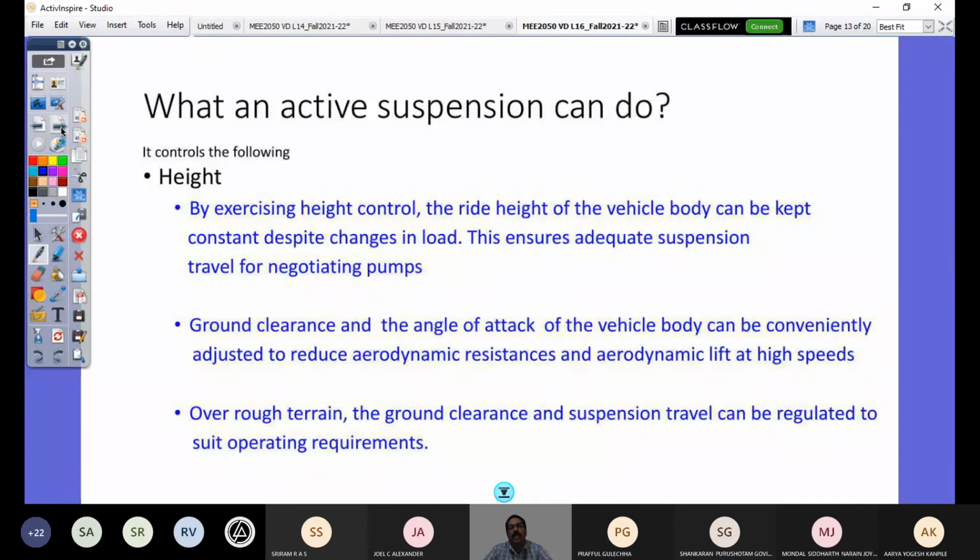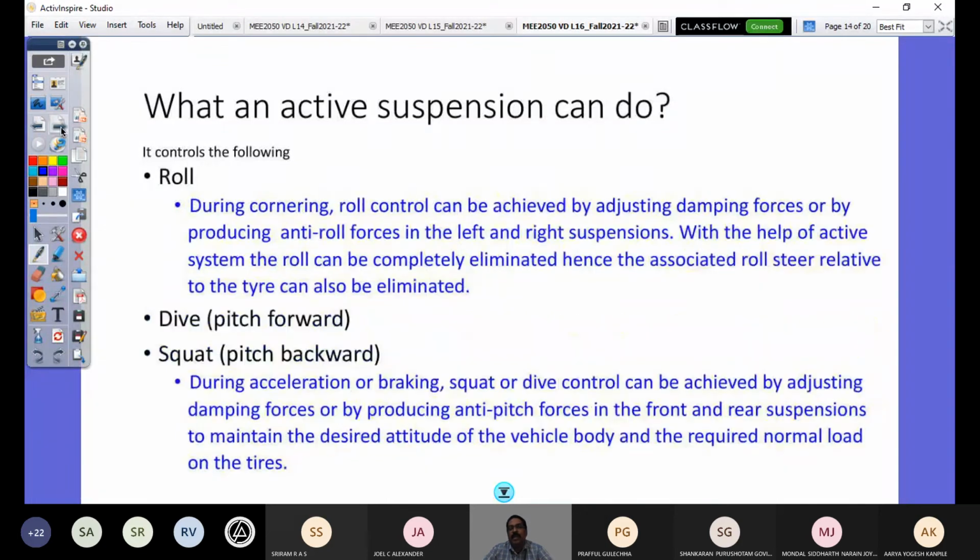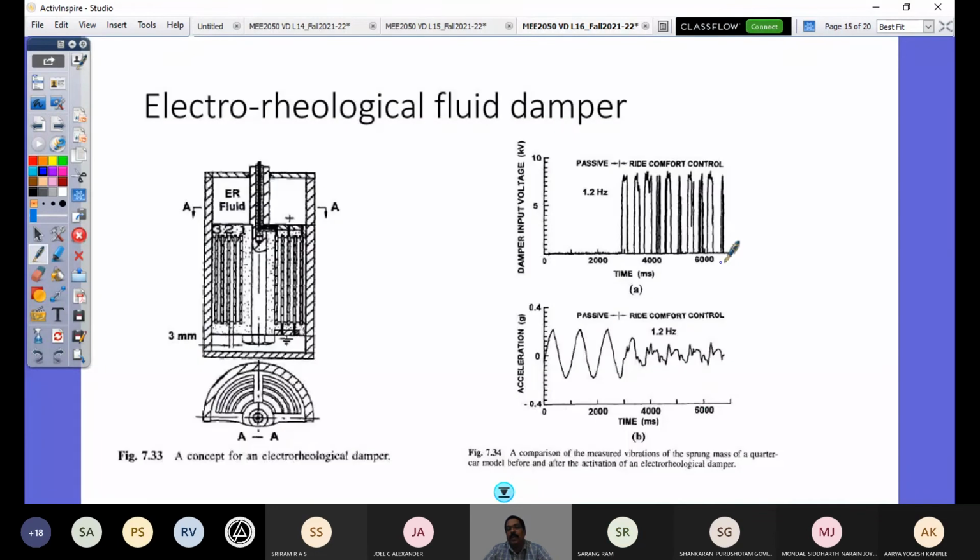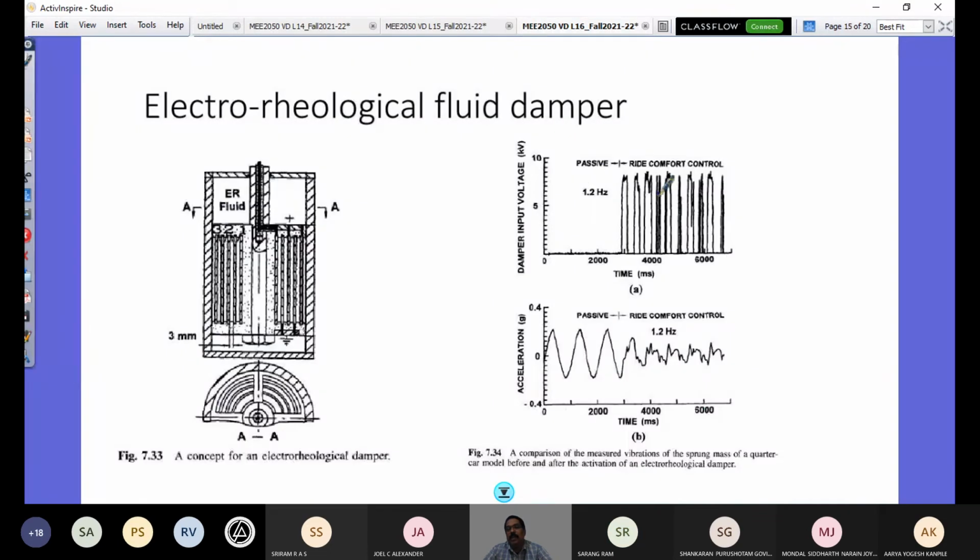And then what this electro-rheological fluid damper is, you can see on this graph the passive system, and then when it is introduced, what is happening. So you see this, the amplitude of accelerations falls down, and it is reduced here. And this basically would have concentric cylinders where the fluid can flow through, with an electric potential applied across it, and that would vary the fluid property.